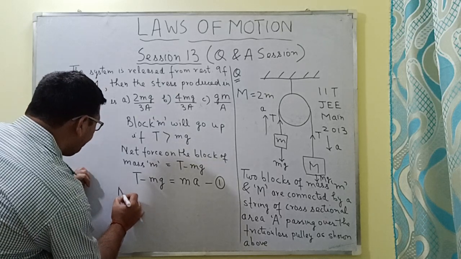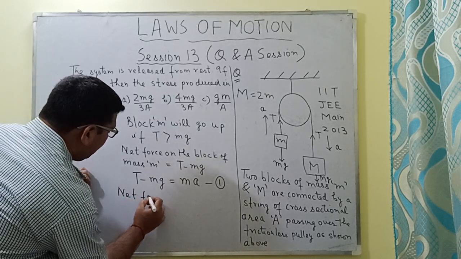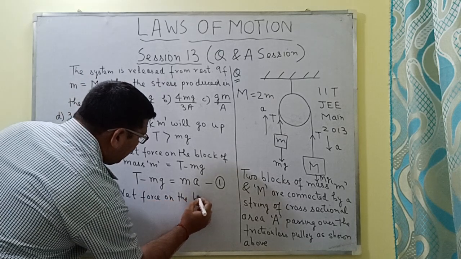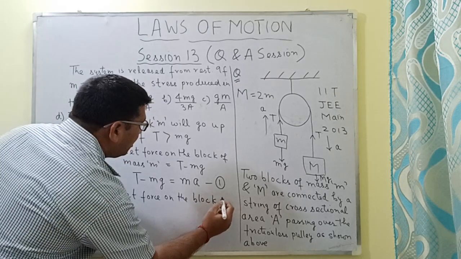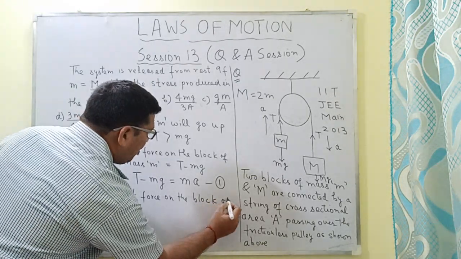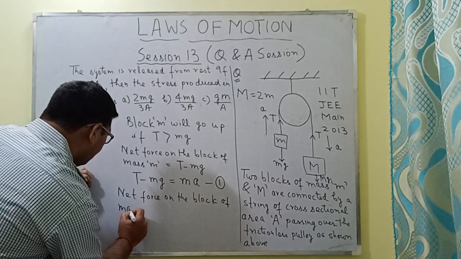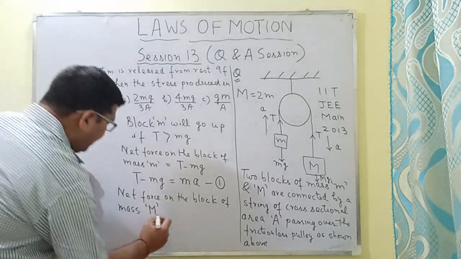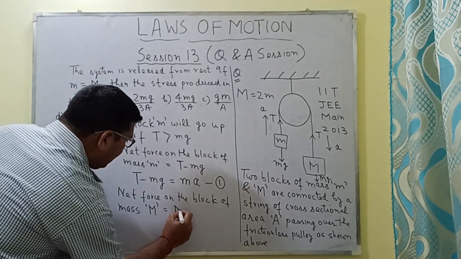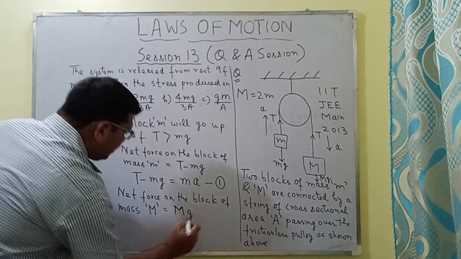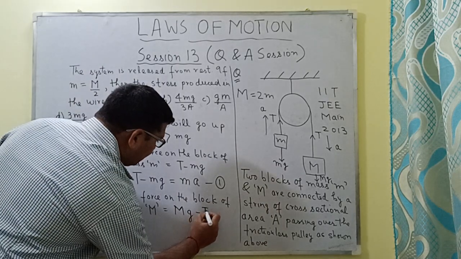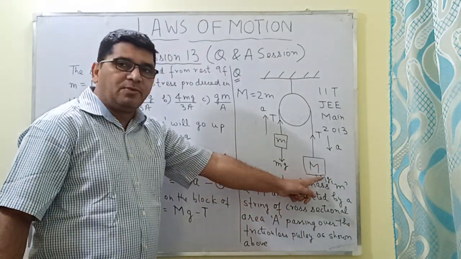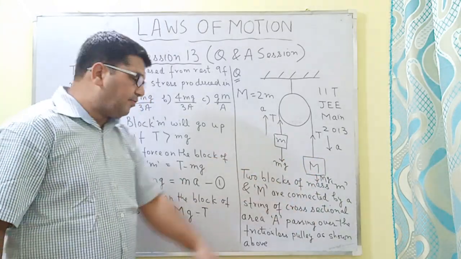So the net force on the block of mass capital M will be equal to Mg minus T, and this force will be acting in the downward direction, and this block will also move with the same acceleration, that is a.